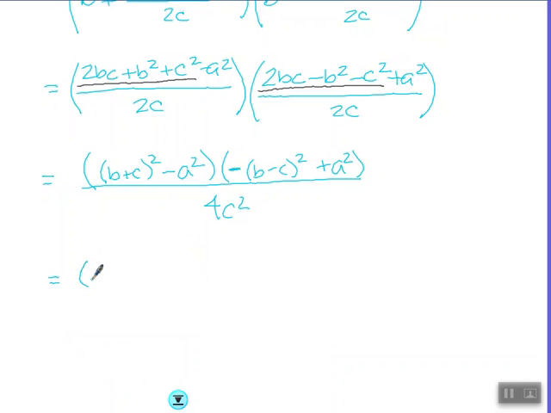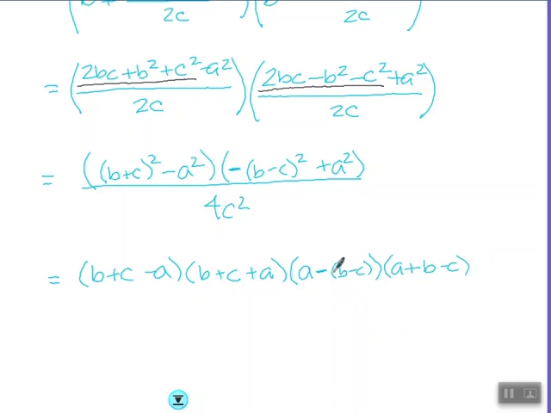So if I factor that, I get b plus c minus a and b plus c plus a. Over here, I'd have to switch the terms a little bit. So if I switch this around, I get a squared minus b minus c squared. So when I factor that, I get a minus b minus c and a plus b minus c.